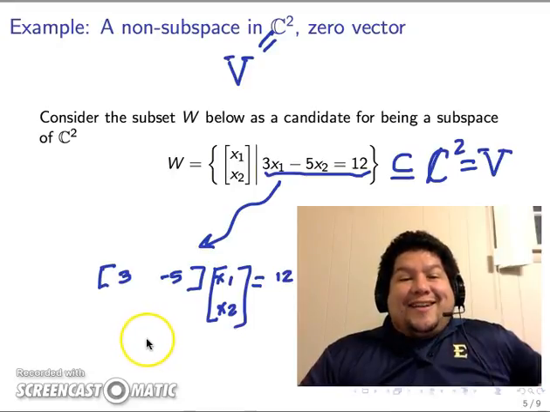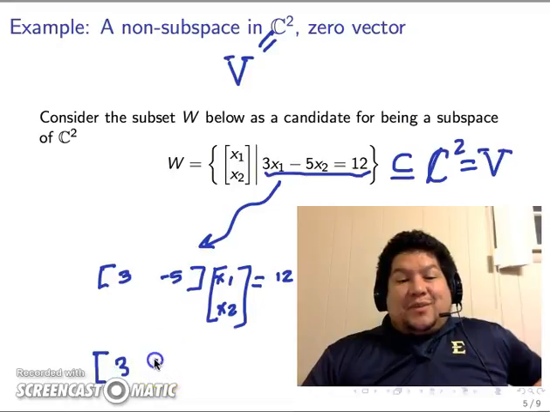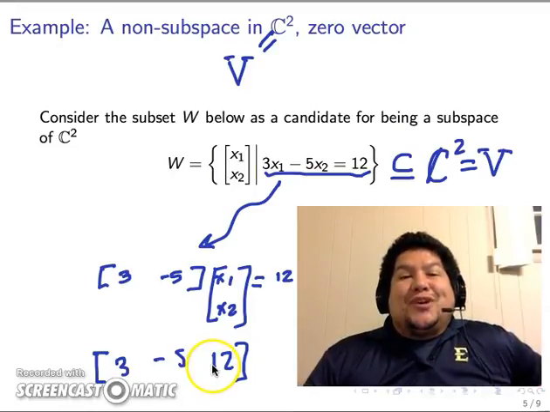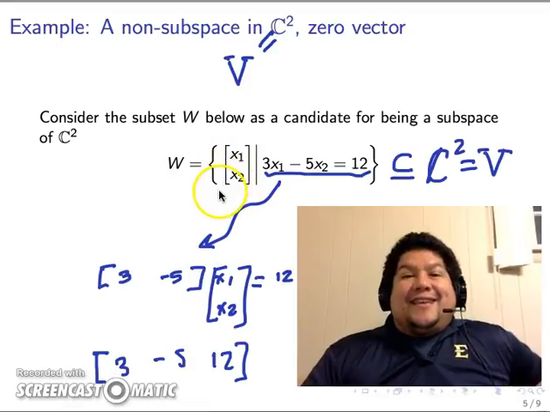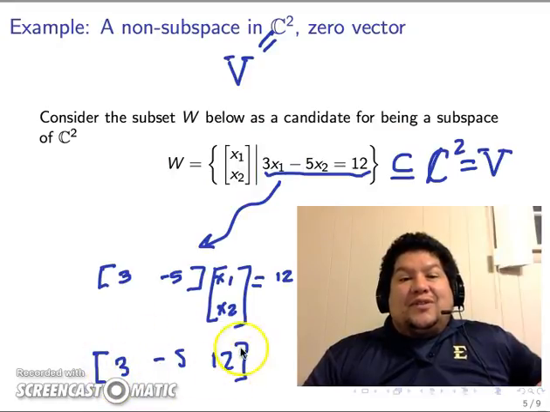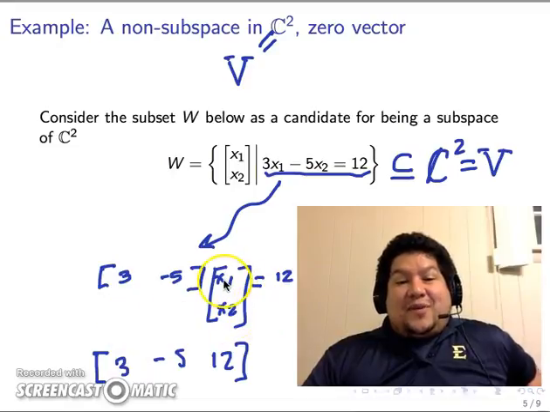If you were going to form the augmented matrix, this would be 3 minus 5 and 12, and here the column really is that one number. So the idea here is that W is a subset of C2 such that the entries of W are solutions of this system of equations.